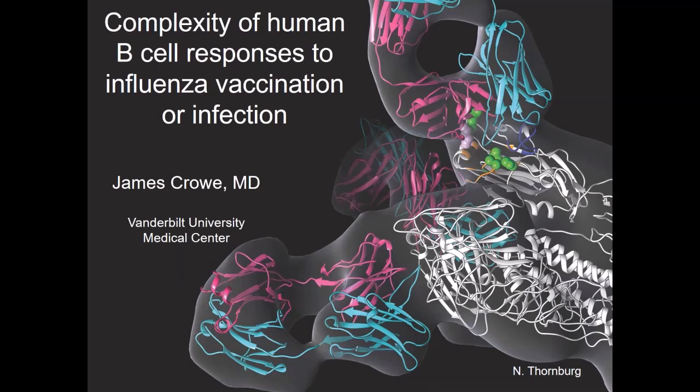Dr. Crowe has been the recipient of numerous investigator awards and is an elected fellow of, among others, the American Academy of Microbiology, the American Association for the Advancement of Science, the American Society for Clinical Investigation, the American Academy of Pediatrics, the Infectious Disease Society of America, and the Association for Pediatric Society. He was elected to the National Academy of Medicine in 2014. Today, Dr. Crowe will tell us about the complexity of human B cell responses to influenza vaccination.